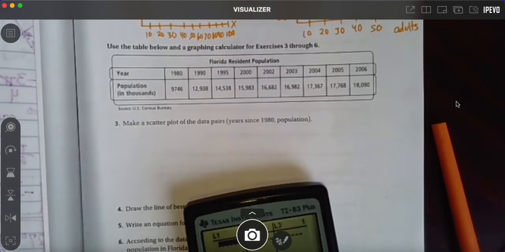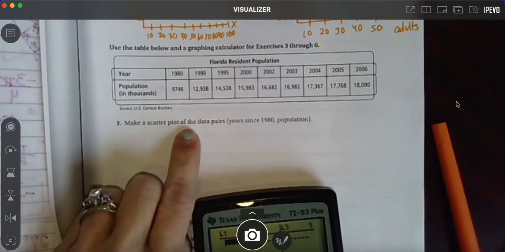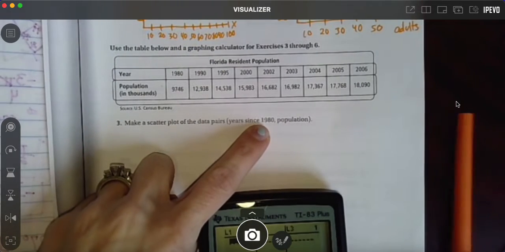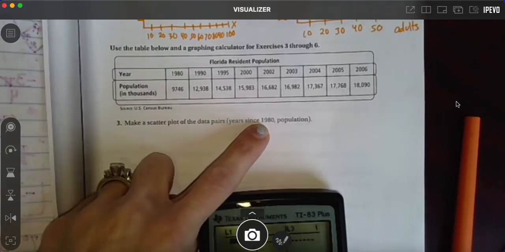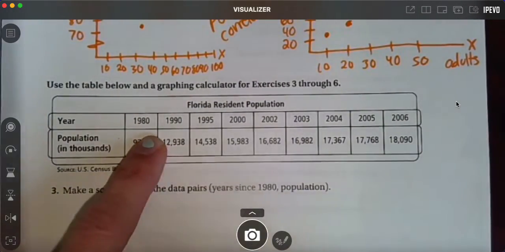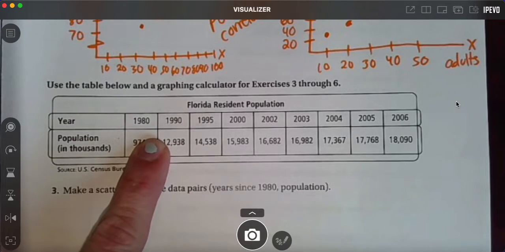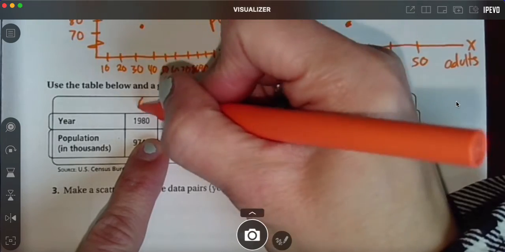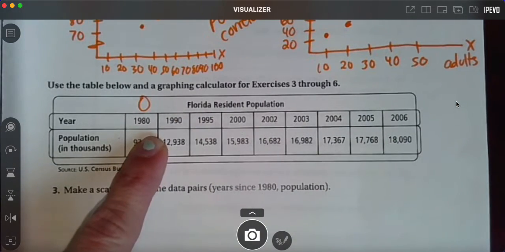Now, let me read what it says. Your X value is the years since 1980. So be careful here. If it's 1980, how many years has it been since 1980? 0. I don't think y'all understood the way I worded it.